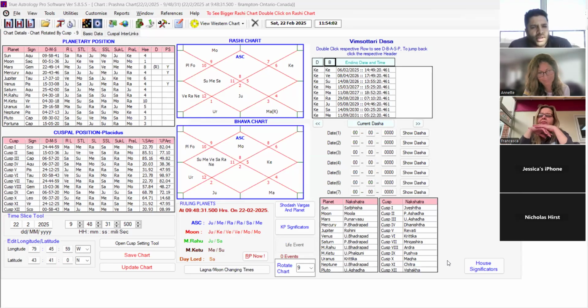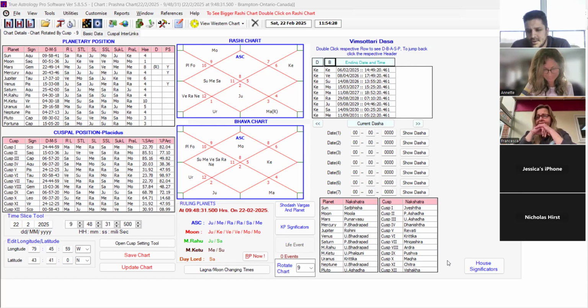Venus also represents luxuries and things that you enjoy. Okay. Yes, it does. But trust me, when you get charts, people won't be talking about detachment. They won't be talking about nirvana and moksha and whatnot.